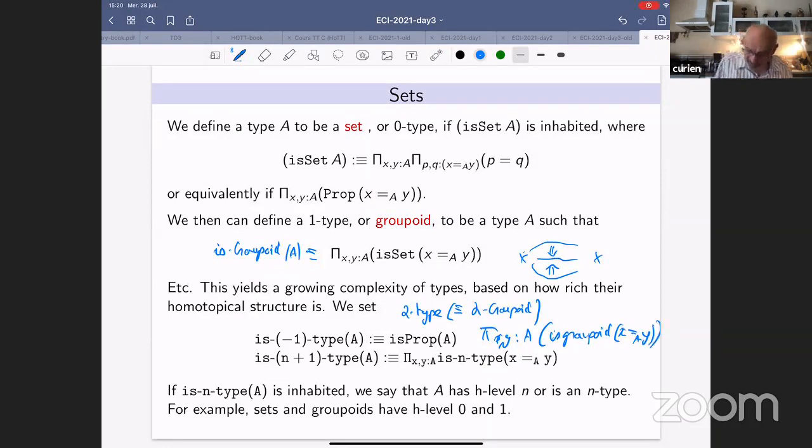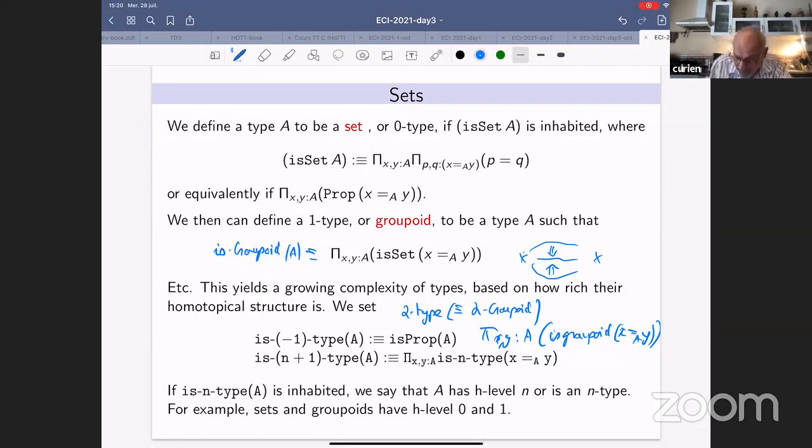And then you see that this type tells me that it has elements, and that between any two elements, if I fix two elements, what I have is a groupoid, which means that it has elements and it has morphisms between elements.